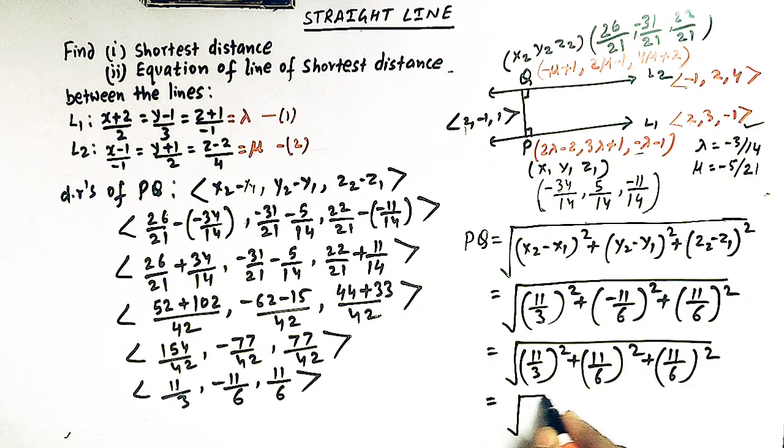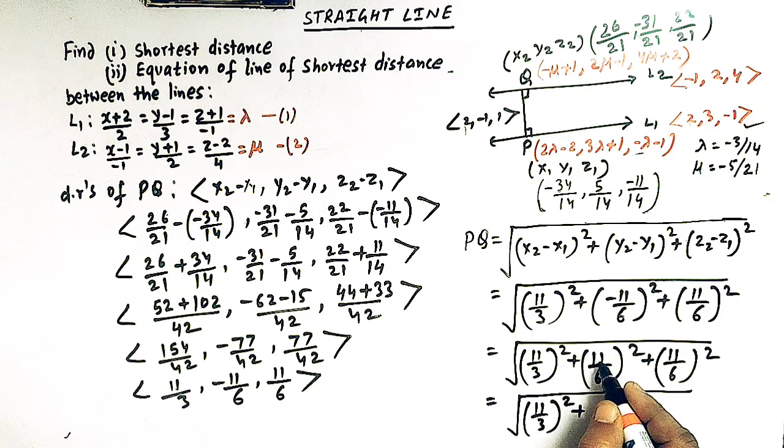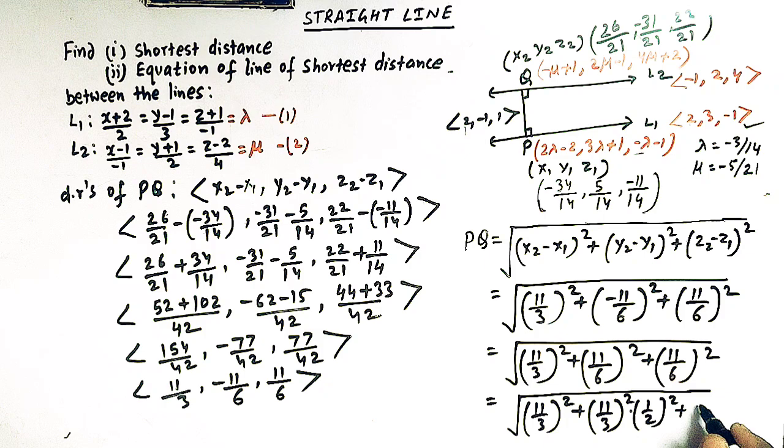So we can now write 11 over 3 square, and then 11 over 3 square, and then half square, right? So we have half square, and then we have 11 over 3 square, and here we have half square, because 3 times 2 is 6, and here also 3 times 2 is 6.